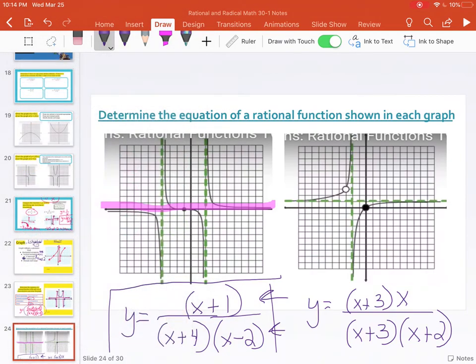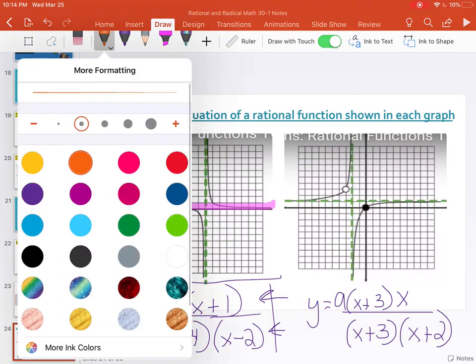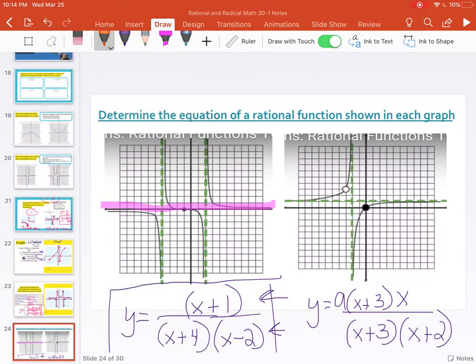Okay, and I am going to actually get you to pay attention to one more thing with this question. With rational expressions, it's similar to polynomial expressions in the fact that you could have an a value in front. So they could give you a point on the graph, just like we did with polynomials to find that a value. In this case, they actually give us the point of discontinuity, and that can help us as well. So if you were to substitute -3, or sorry, you'd have to cross the x plus 3's out first.